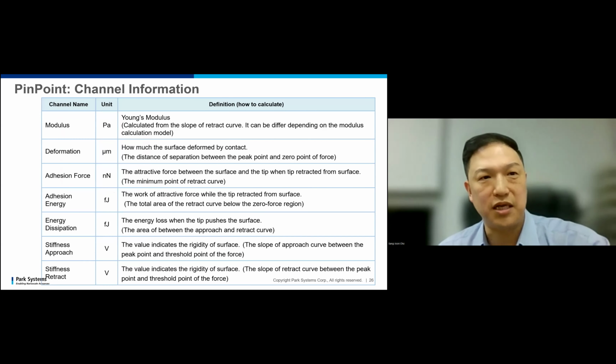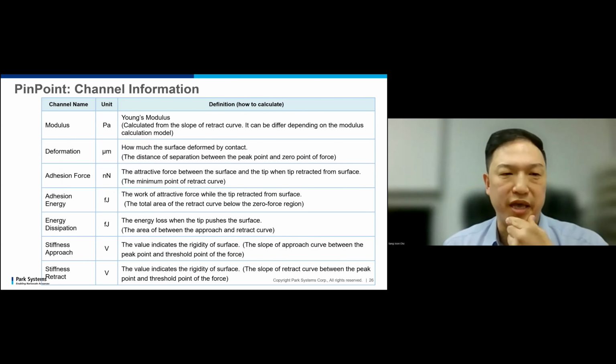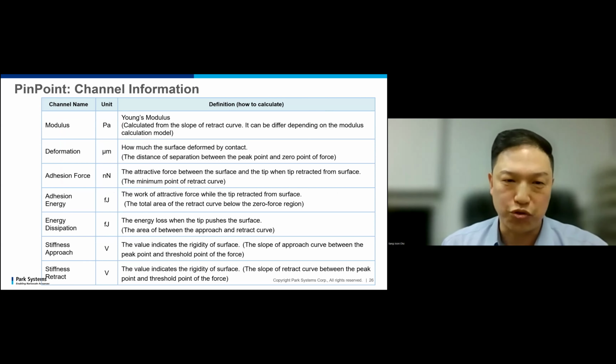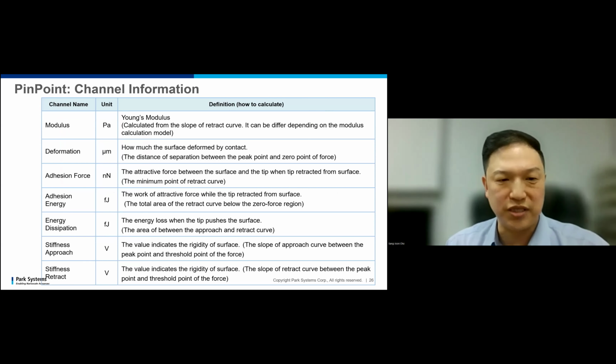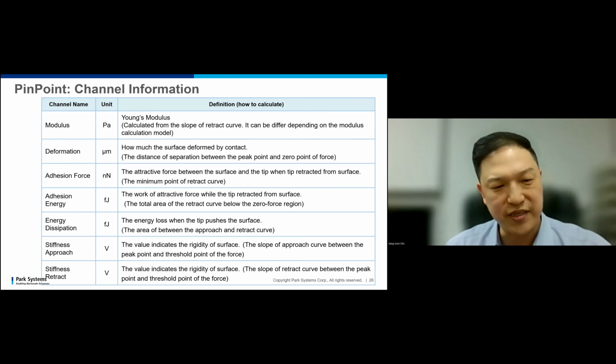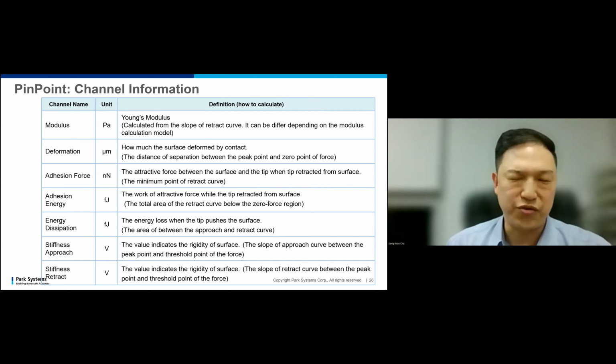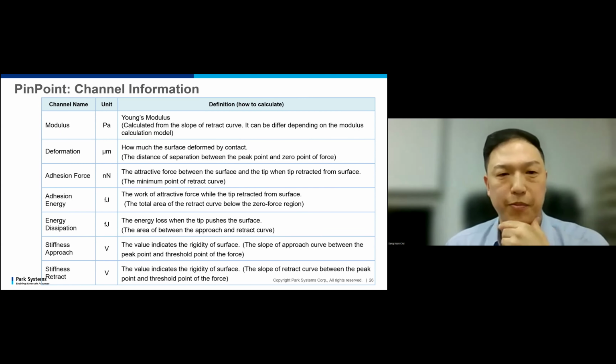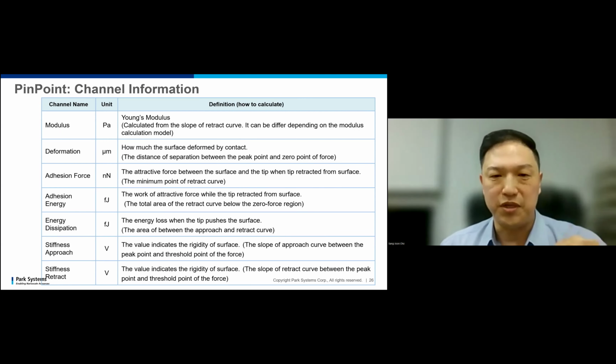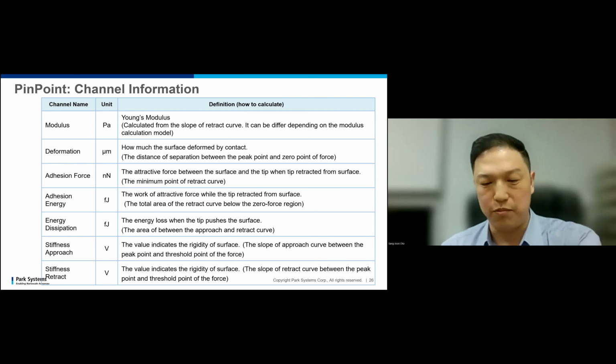And this is the information you can get from this PinPoint mode: modulus and deformation, adhesion force, adhesion energy, energy dissipation, stiffness approach, and stiffness retract. All these mechanical properties you can get from the PinPoint mode.